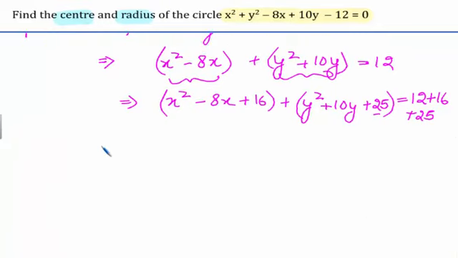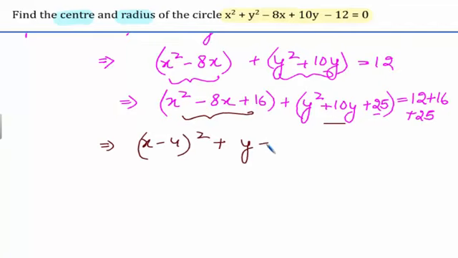This further implies that now this can be written as x minus 4 whole square. The second bracket can be written as y plus 5 whole square, and on adding 12, 16 and 25 we get 53.